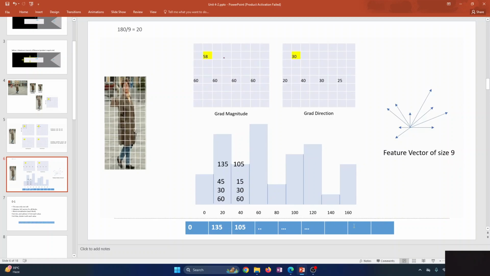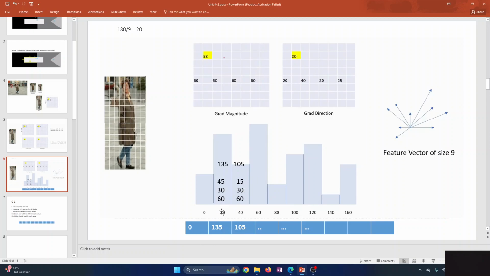These are the bins where we store these values. For example, for 20 degree, we'll write 60 directly because 20 is written over here directly. In 40, 60 is written, so we directly wrote 60. Now for 30, we know that 30 is between 20 and 40, so we'll divide the 60 into 2 parts, 30 and 30. Next is 25.